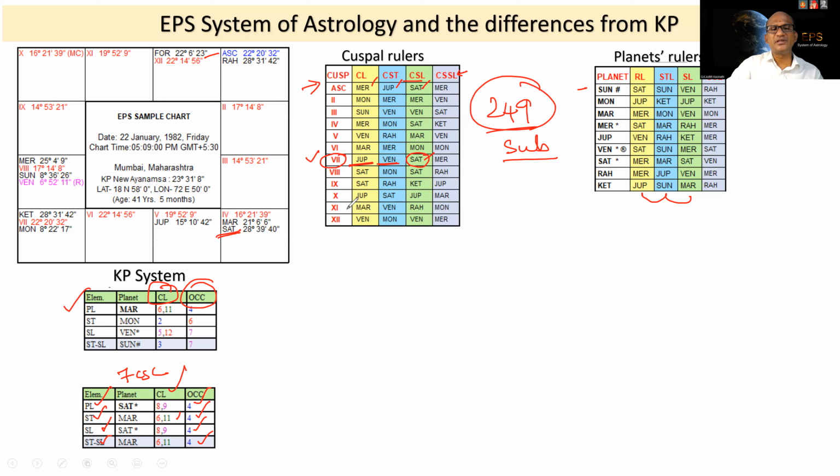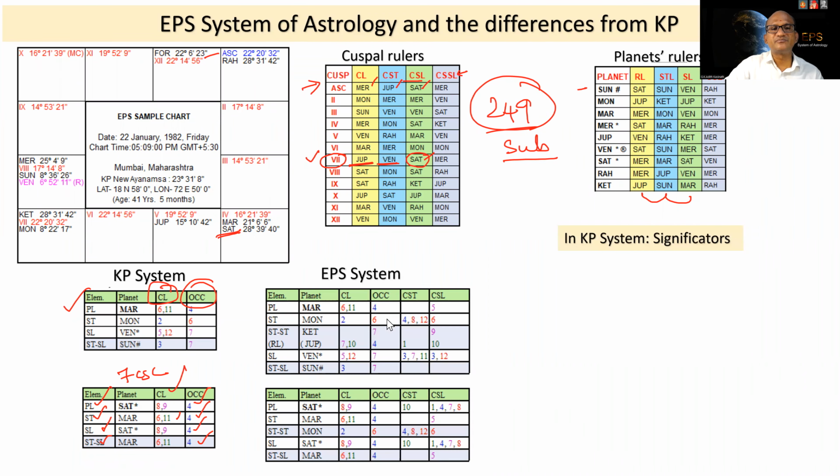For example, if you take the same planets as per our EPS, you can see the EPS here. Some significations are added to these significations of Saturn, 8, 9, and 4. You can see CL and OCC remain 8, 9, and 4.